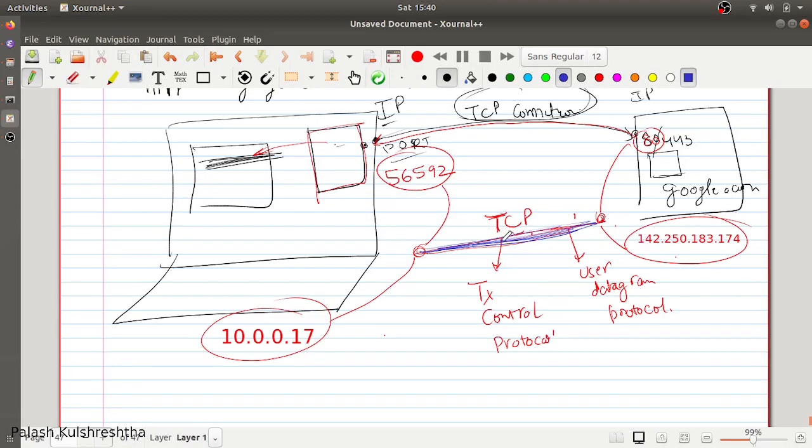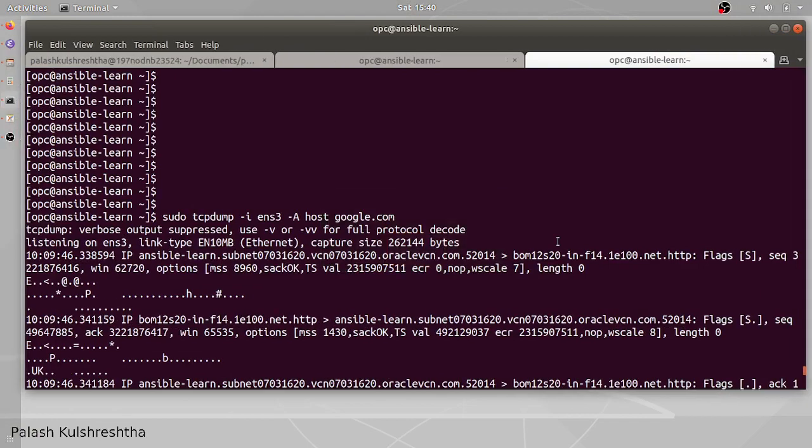You can eavesdrop and check what data is being transferred. You can use it to debug your application. You can use it to eavesdrop on a connection if you have access to that connection.